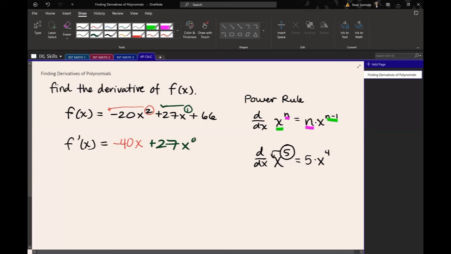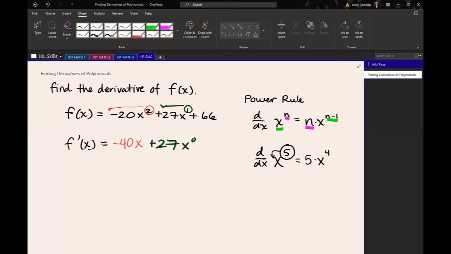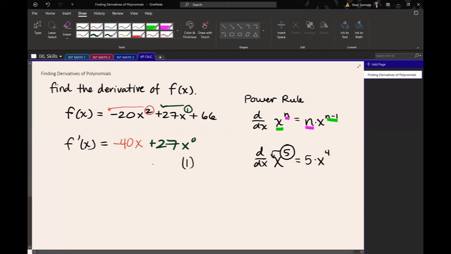X to the 0 is simply 1. So that ends up being 27 times 1, and then the rest, negative 40x. In this case, the derivative will end up being negative 40x plus 27.